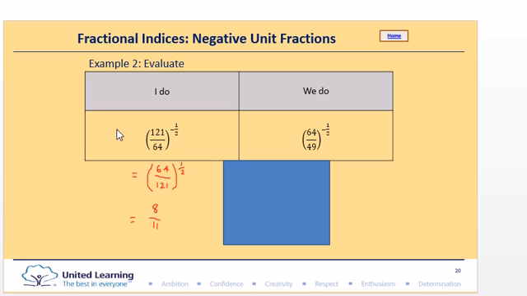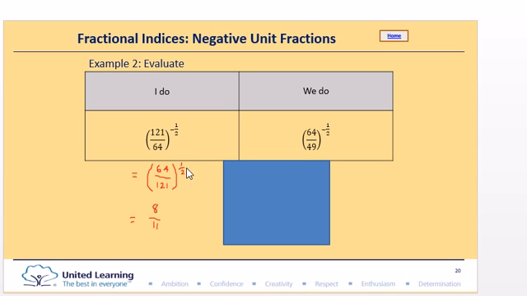And for one last example, we have 121 over 64 to the power of negative a half. Remember my first step, I get rid of the negative power by flipping this fraction upside down. So 121 over 64 to the power negative a half becomes 64 over 121 to the power of a positive a half.